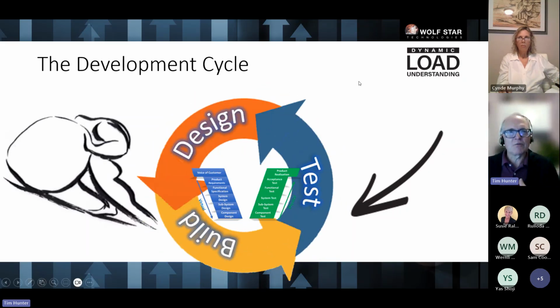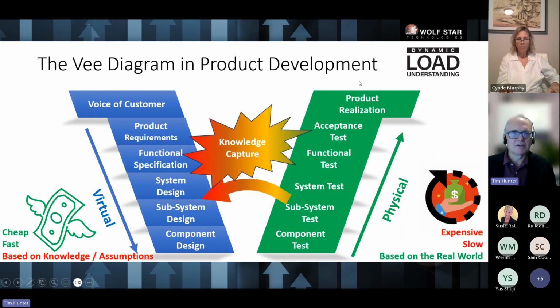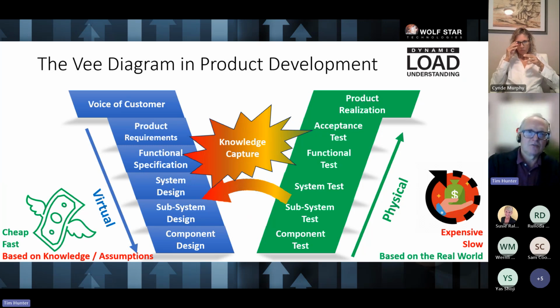The way that we want to do that, and we've talked about it a bit today, is that we want to do knowledge capture from the physical world and bring it back into the virtual world in system, subsystem, and component design. We touched upon that a little bit, talking about load reconstruction and other methods.